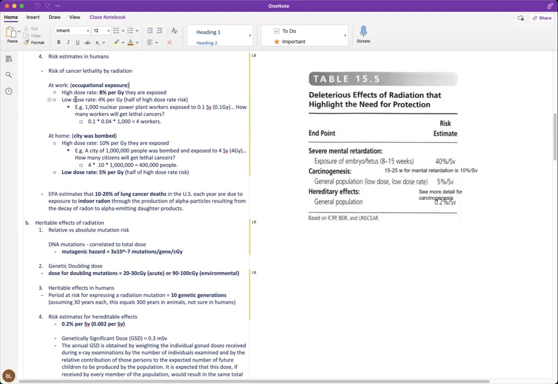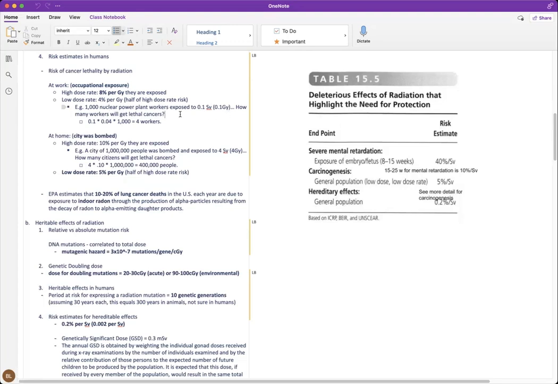For low dose rate, I guess you'll have the exact definition of high dose and low dose rate in your physics studying, but 4% per gray. So for example, you have 1,000 nuclear power plant workers and they're exposed to 0.1 gray.